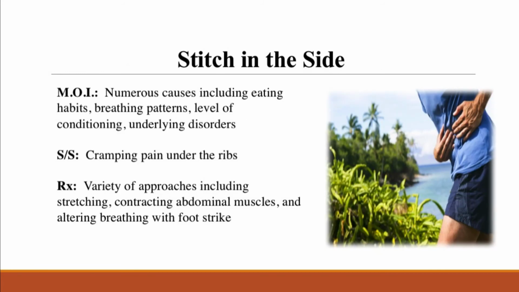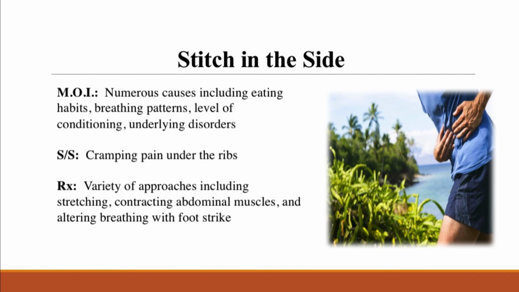This is a cramp-like pain that develops under the left or right rib cage. Some athletes will experience pain in the related shoulder or trapezius muscles. There are a variety of causes for this condition that include constipation, gas, eating prior to activity, and spasm of the diaphragm because of poor conditioning.